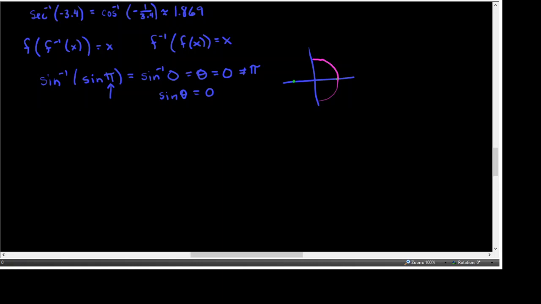All right, so let's do a problem where we have to do this. So let's start with tangent inverse. They wrote arctangent. Tangent inverse of 2x minus 3 equals pi over 4. So what we're going to do is take the tangent on both sides of this equation.